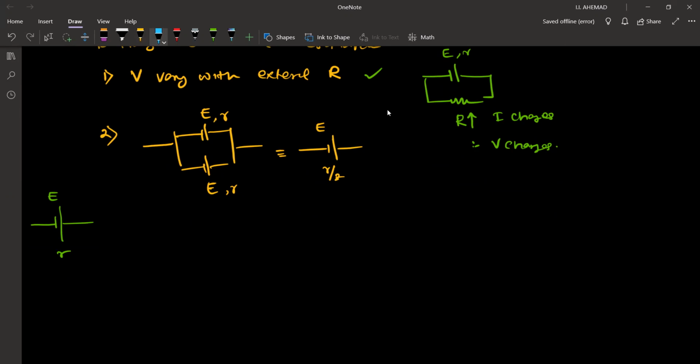Now, when I compare the terminal voltage of this with this, here it's V1, here this is V2, V1 will be less than V2, right? Is it clear?